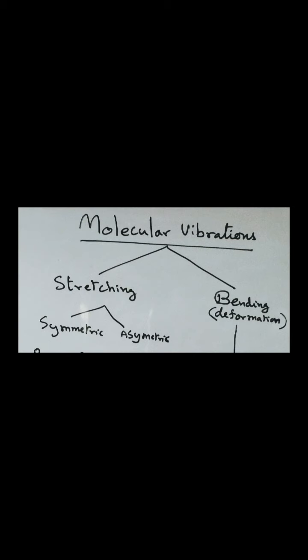We have molecules like carbon dioxide, a linear molecule with carbon and oxygen only; water, an inorganic molecule, oxygen and hydrogen; and methane, an organic molecule, carbon and 4 hydrogens.